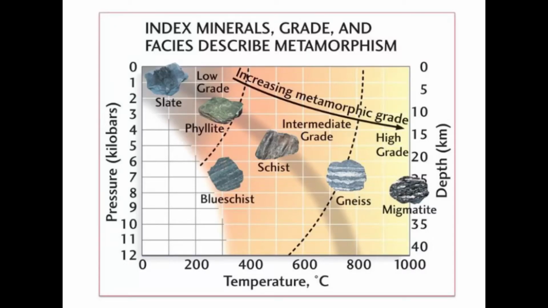Thus, on the basis of the detailed study of different subfacies and also with the support of experimental data, we can conclude that during prograde metamorphism of pelitic rocks, different rocks are formed like slate, phyllite, schist, gneiss and pelitic granulites.